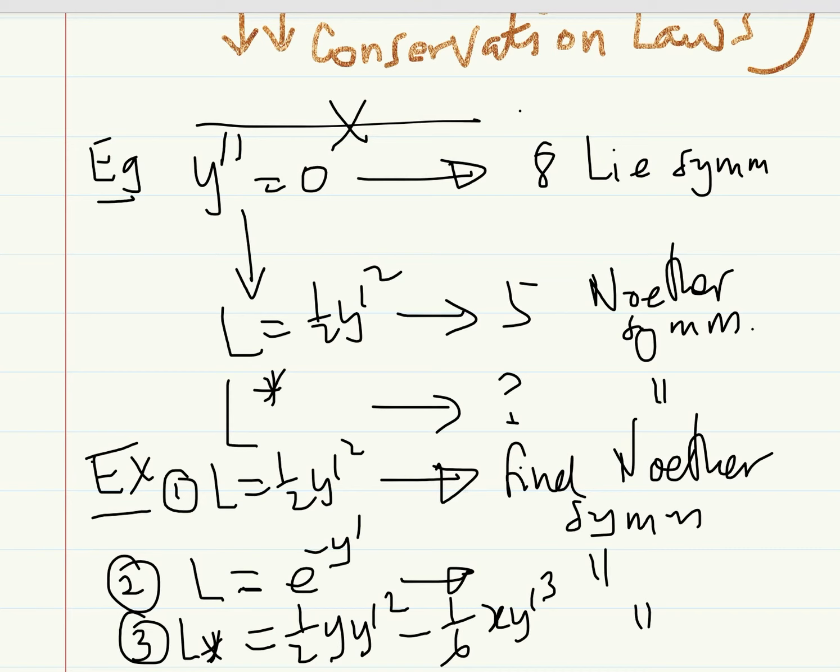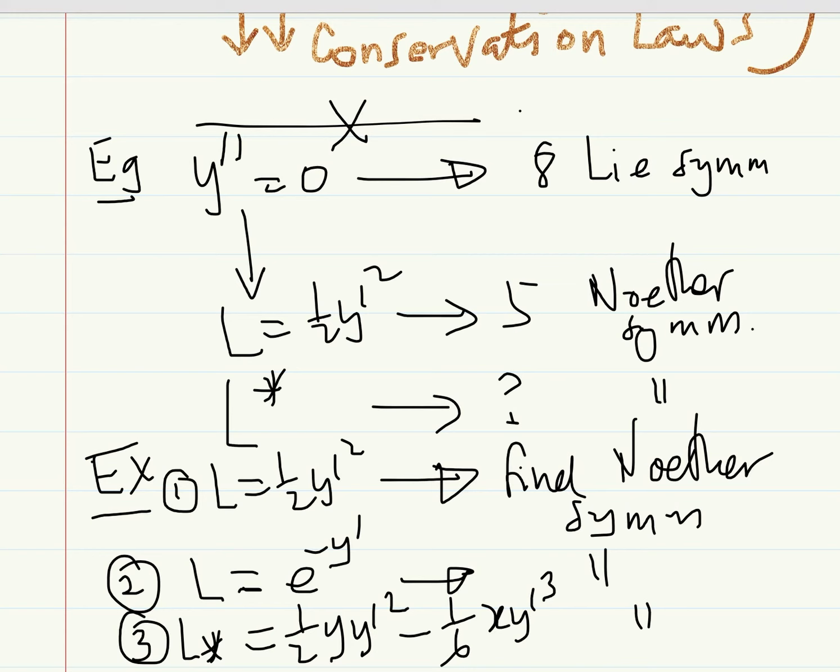Okay, the next step, of course, is to state and prove the theorem that relates the vector fields that leave invariant your integral, i.e. your Noether symmetries, to the construction of conservation laws.